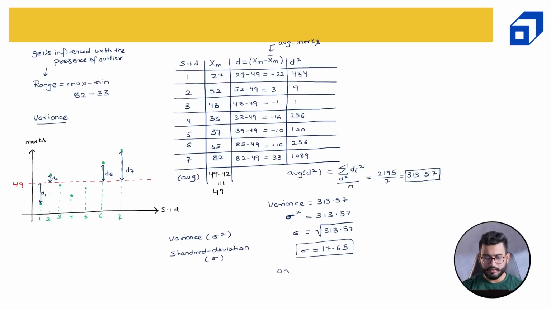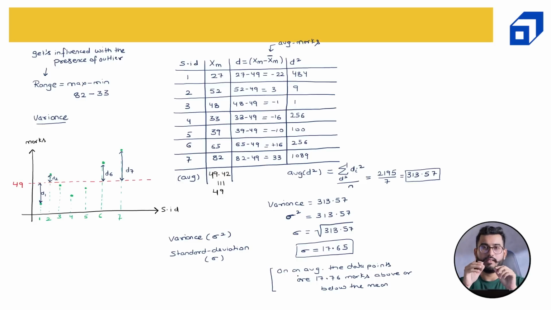So on an average, the data points are 17.65 marks above or below the mean, and that is what this standard deviation means. How much on an average the data points are deviated from the center, and that is 17.65.